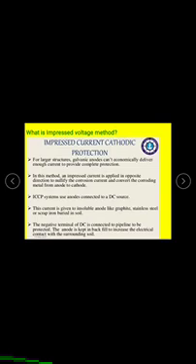In this method, an impressed current is applied in the opposite direction to nullify the corrosion current and convert the corroding metal from anode to cathode.